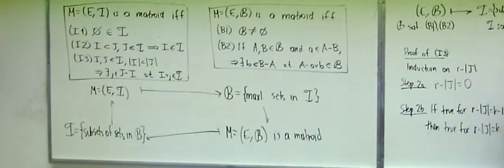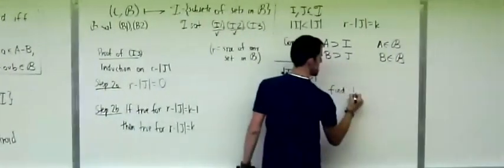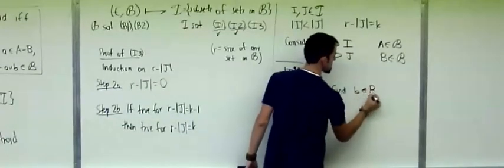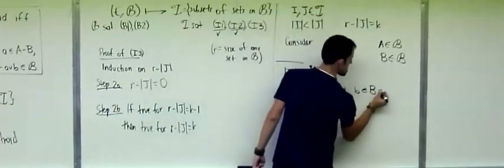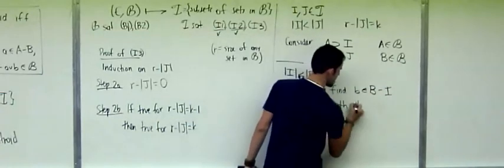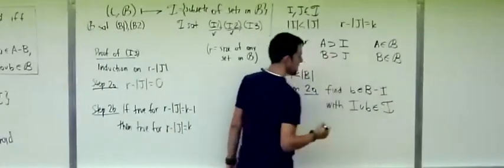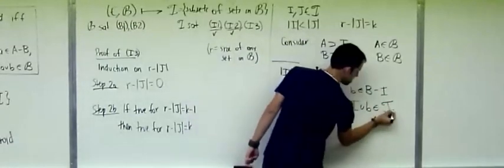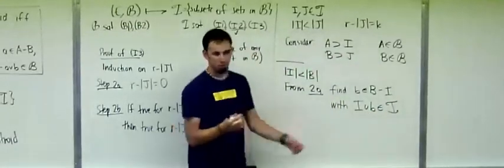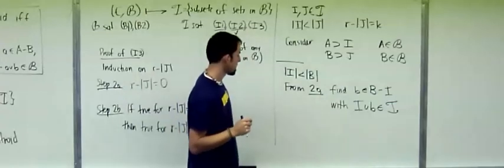So from my base case 2A, I know that I can find b in B minus I with I union b in script I. So here I'm just using the base case of the induction. Okay. Does that make sense?